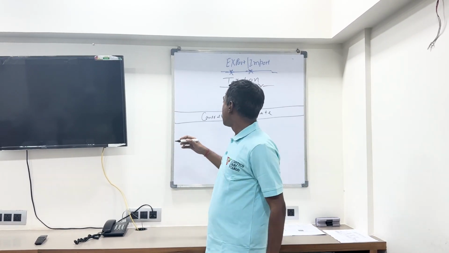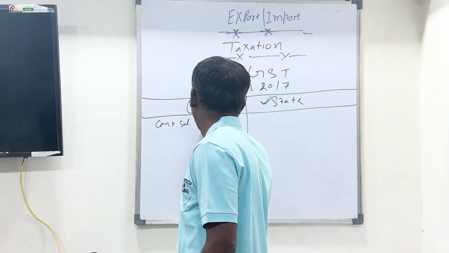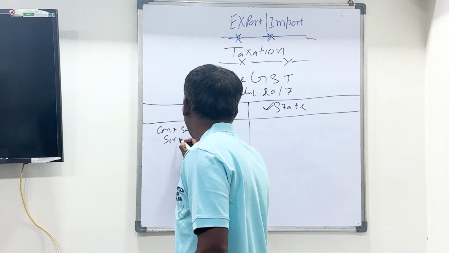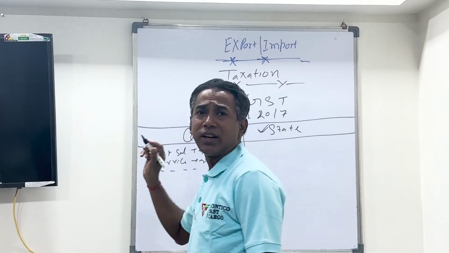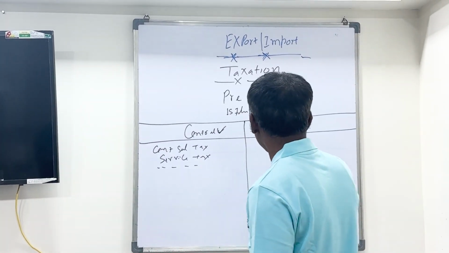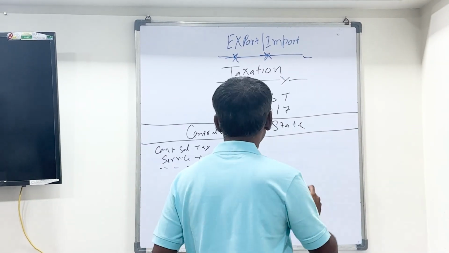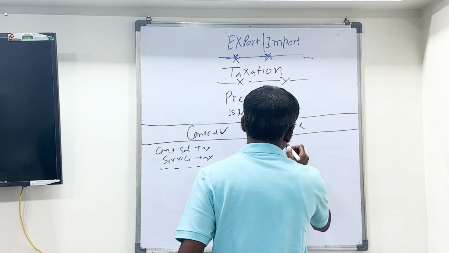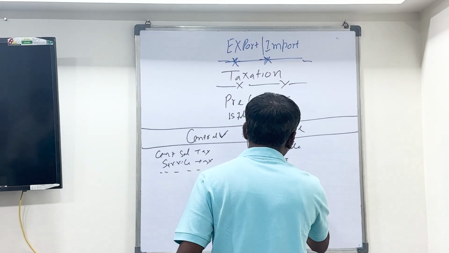Like the central government was collecting central sales tax, then service tax, and a few more taxes like this. Then the state was also collecting its own tax, like state sales tax, VAT, and LBT.